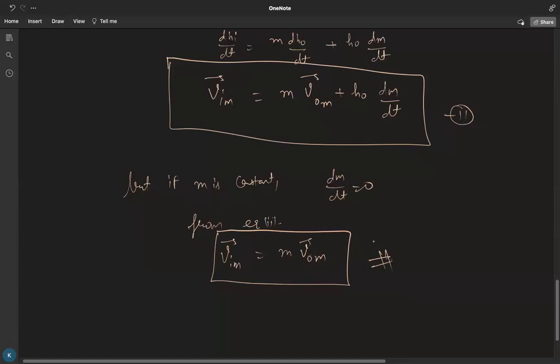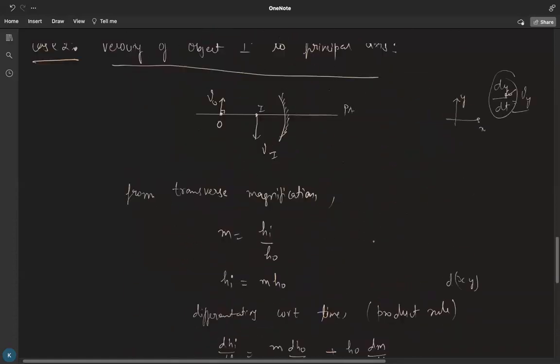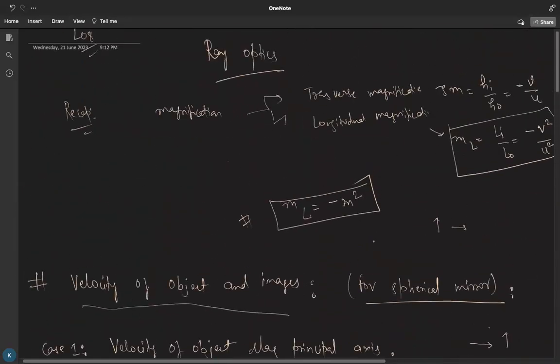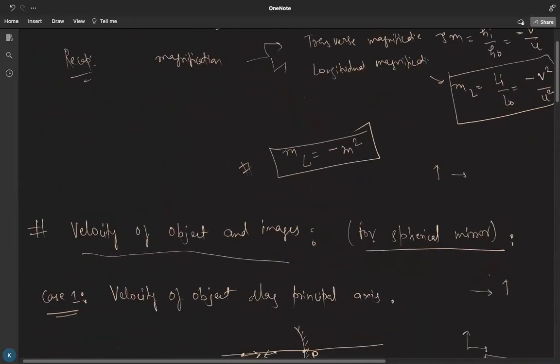So let me recap again for a short interval of time. As we dealt with magnification in the last lecture, we are now using those concepts to find the velocity of images, right?